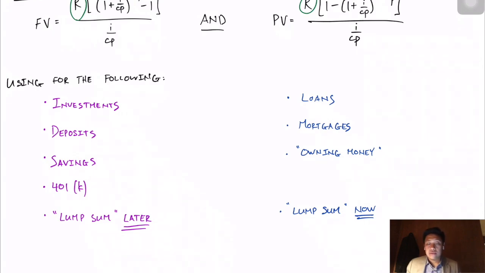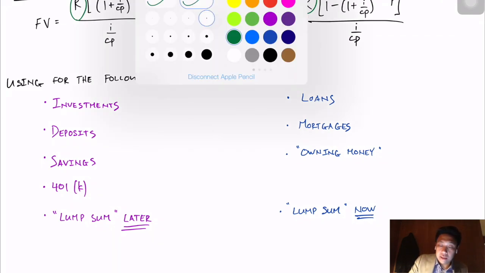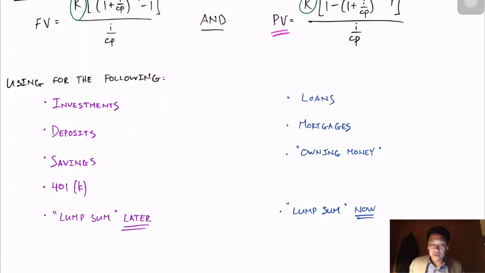Therefore, as far as this topic is concerned with this class, or at least teaching this class as it is, the only variables we can solve for are, I'm going to do this in a different color here, let's do pink, the present value, the lump sum, future value, which is also a lump sum, or the recurring or reoccurring payments for both these equations, respectively.